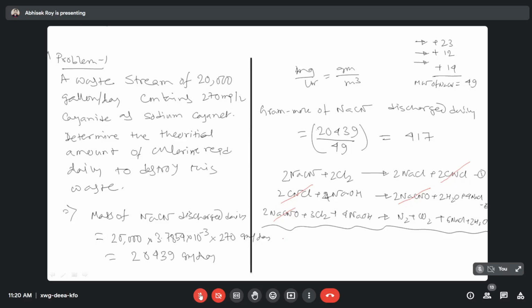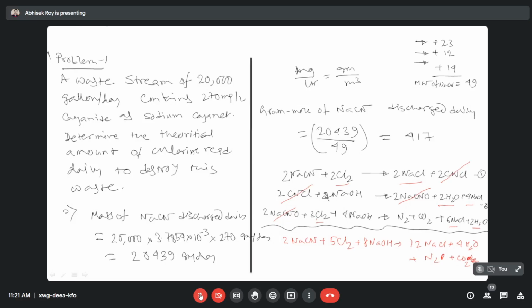So what will happen? 2NaCN plus 2Cl2 plus 3Cl2, so it will be 5Cl2, plus 4NaOH plus 4NaOH, so 8NaOH, will get converted to 2NaCl plus 6NaCl plus 4NaCl, so 12NaCl, plus 2H2O plus 2H2O, 4H2O, plus N2 plus CO2. So this will be your complete reaction, right?